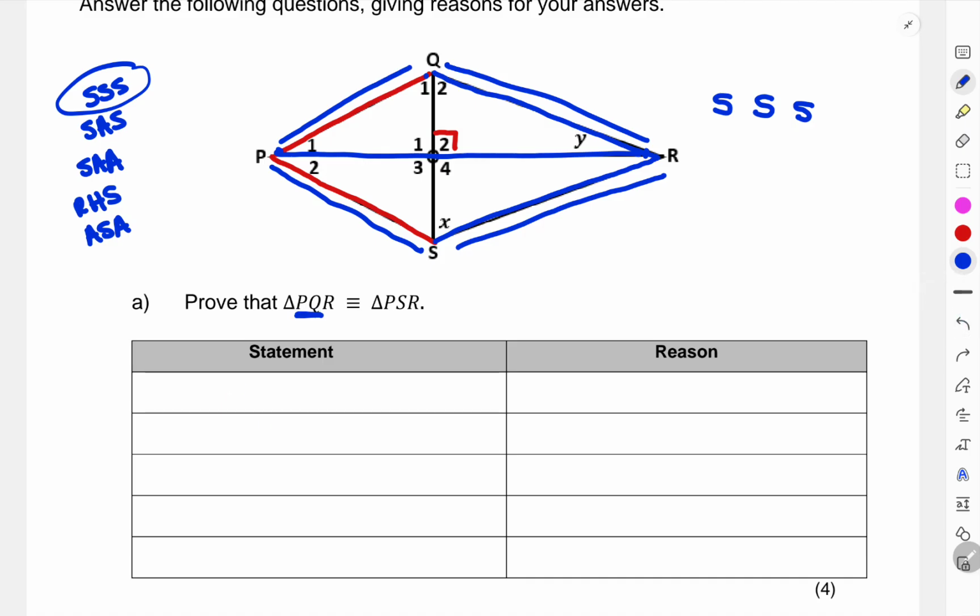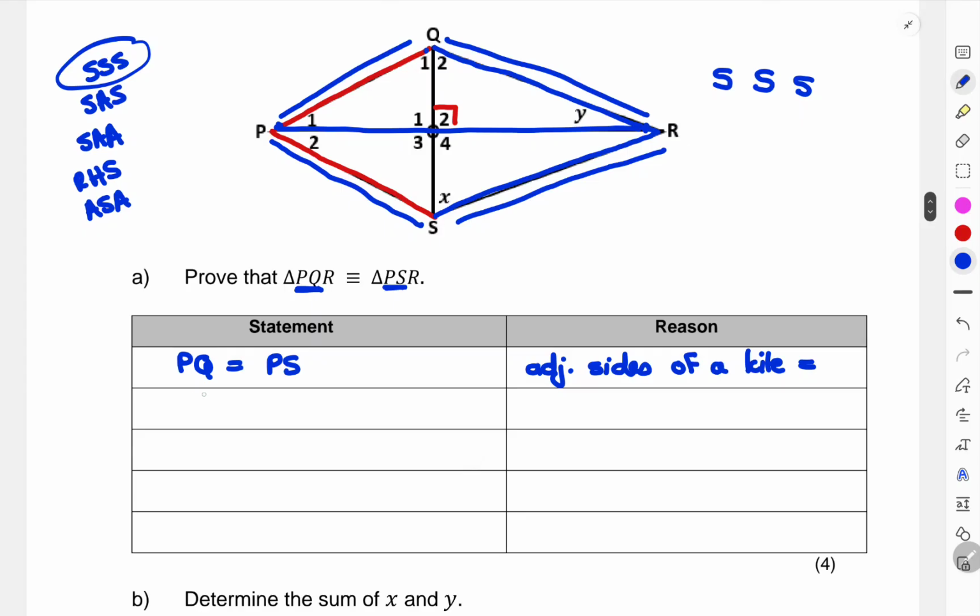So I'm going to say PQ is equal to PS because adjacent sides of a kite are equal. Then again QR, so QR is equal to SR, again also because the adjacent sides of a kite are equal.